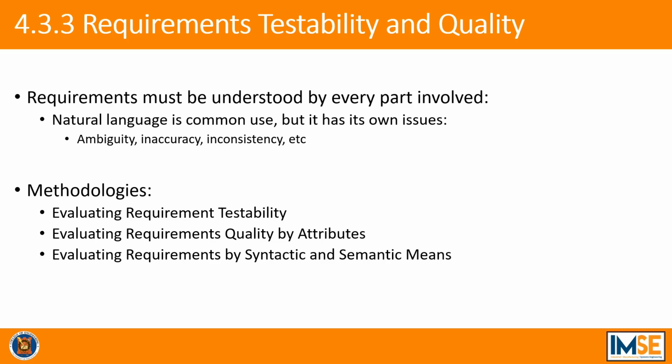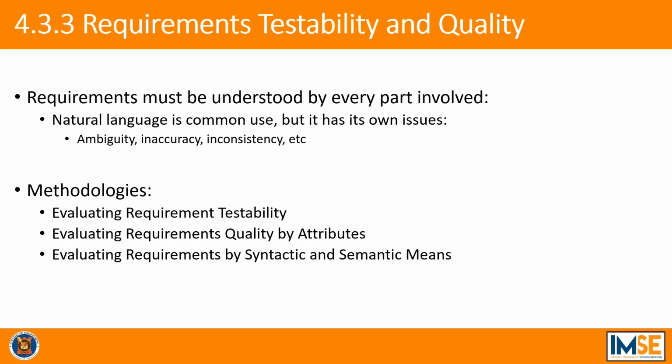Since system requirements need to be understood by everyone involved, like users, developers, testers, or stakeholders, they're usually described in natural everyday language. However, describing complex systems with natural language can bring its own problems, like ambiguity, inaccuracy, or inconsistency, leading to different interpretations.